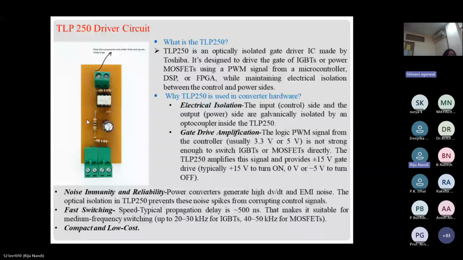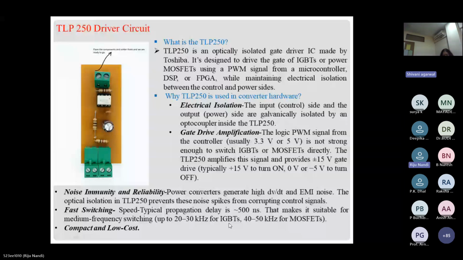Then there is fast switching. The typical propagation delay is 500 nanoseconds. That makes it suitable for medium frequency switching, like 20 to 30 kilohertz, because we are using IGBT. So we have supplied that to near about 15 kilowatts. If you use MOSFET, we are using 25 to 30 kilowatts.